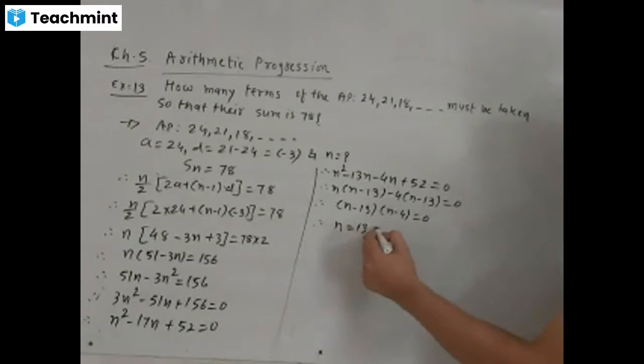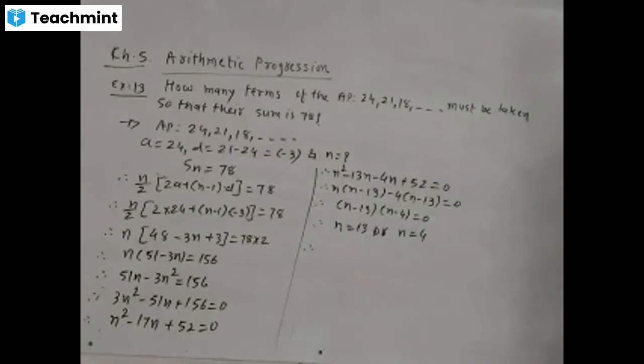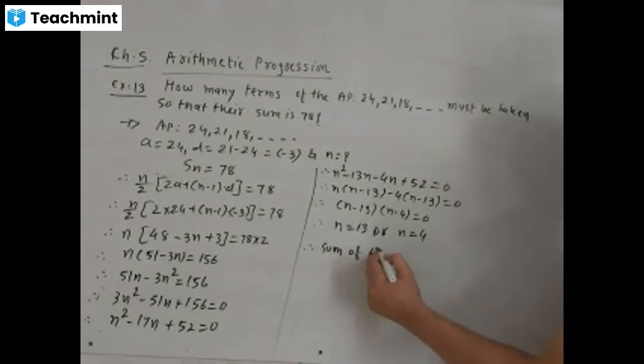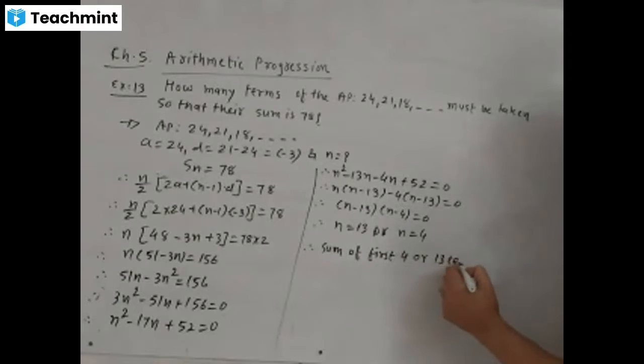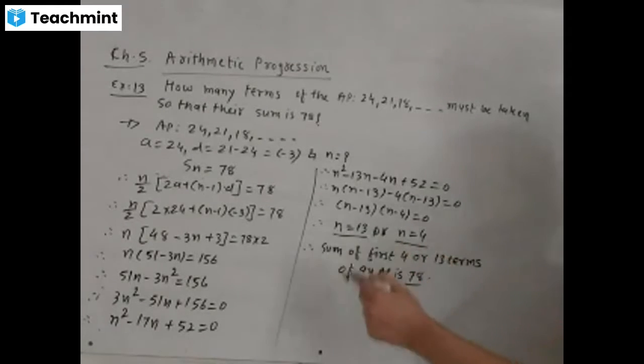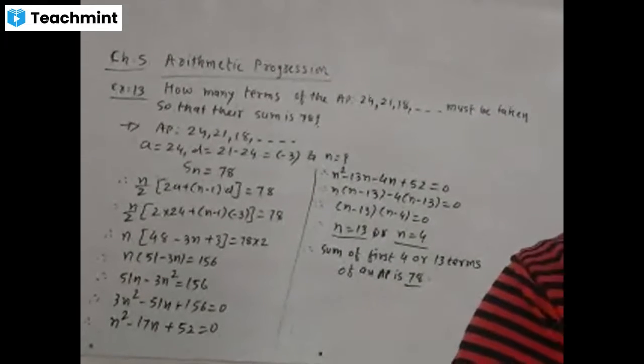Therefore, n is equal to 13 or n is equal to 4. Therefore, the sum of first 4 or 13 terms of an AP is 78. So there are two values of n, the sum of first 4 terms and the sum of first 13 terms, whose sum is equal to 78.